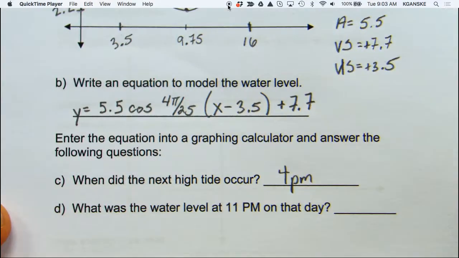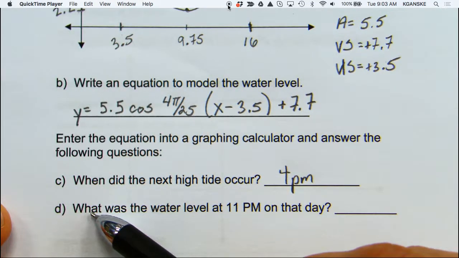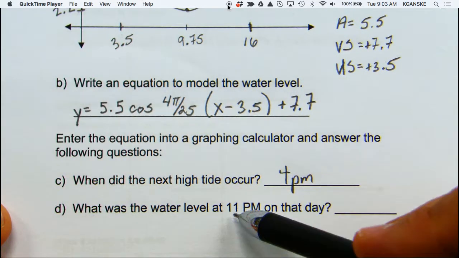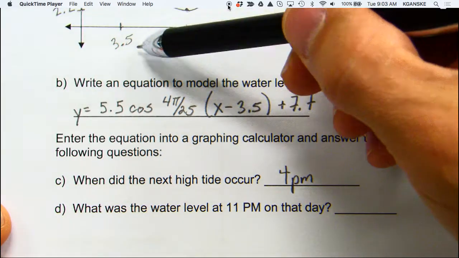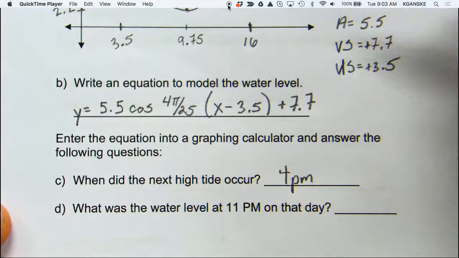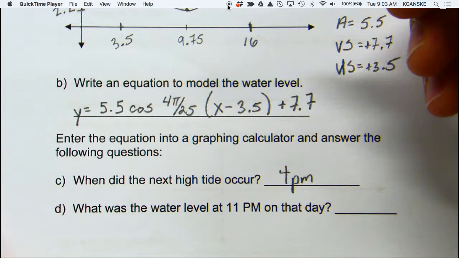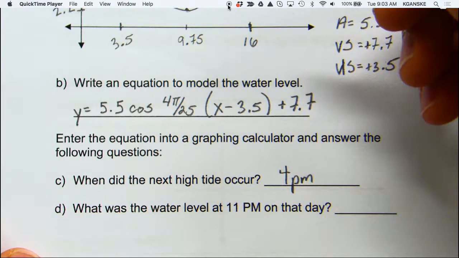And they're asking here, what was the water level at 11 p.m. on that day? So we're looking at, this was 3:30. Where's 11 p.m.? What number is that? 23? Does that sound right? Yeah, I think that's right.